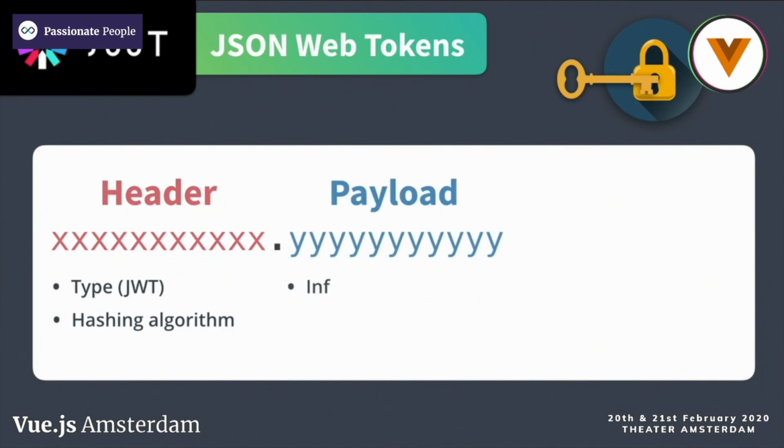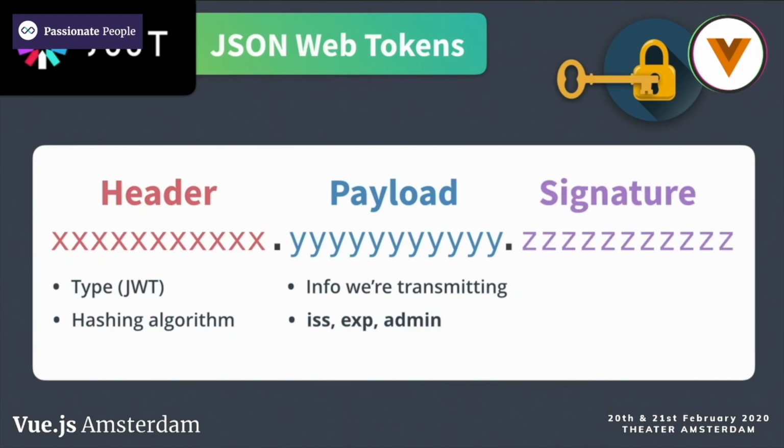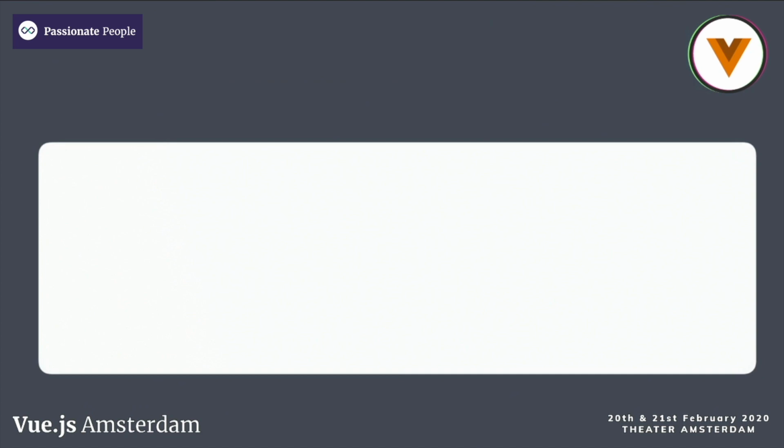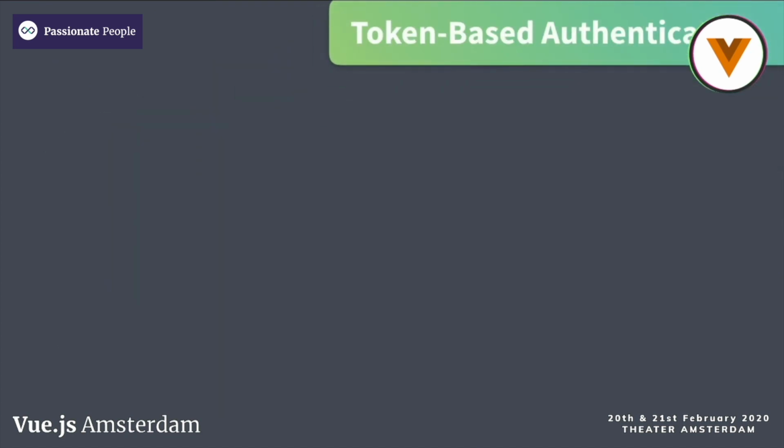So this contains the info that we're transmitting, information such as the issuer of the token, if it has an expiration, if the recipient of that token has admin privileges, things like that go in the payload. And then finally, we get to the signature, which is a hash of the header plus the payload plus the secret. So all of that together, you've got that token, you've got that key that you can use to unlock those parts of the application.